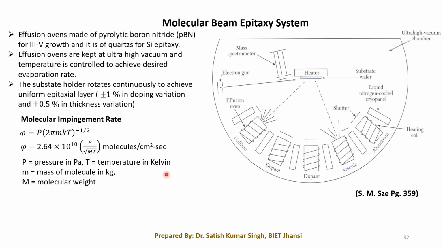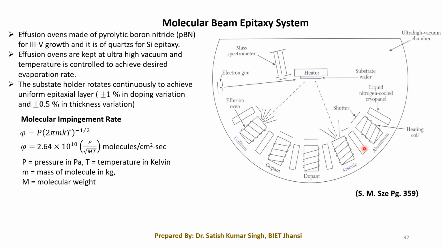Now we can look at certain advantages of molecular beam epitaxy. Basically, in this case the substrate is kept at a low temperature as compared to these diffusion cells. If it is silicon, then obviously we have to use the electron gun, and because of the electron gun the evaporation of the silicon can take place.